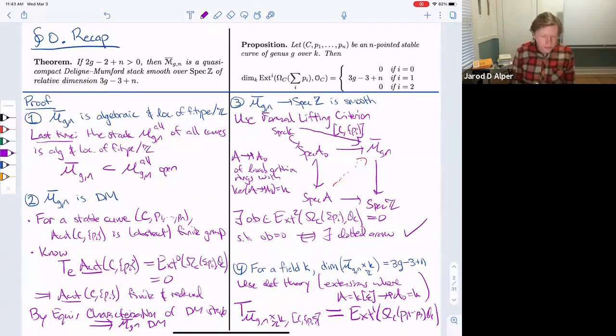Great. So we have every adjective in this theorem except for the quasi-compactness. Let me also explain that.